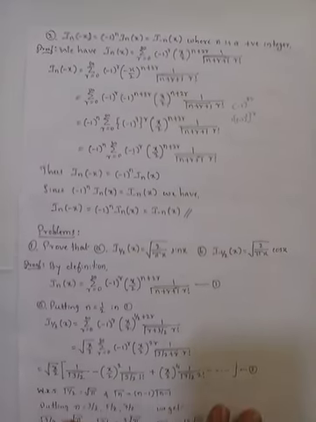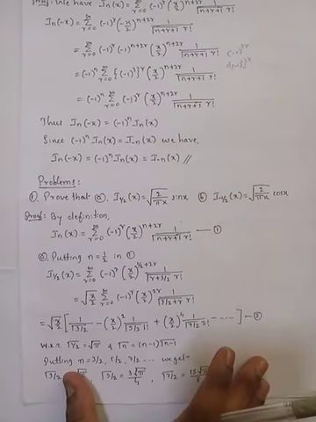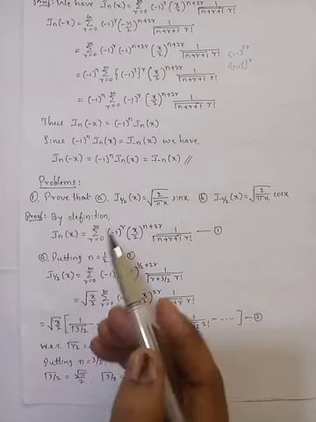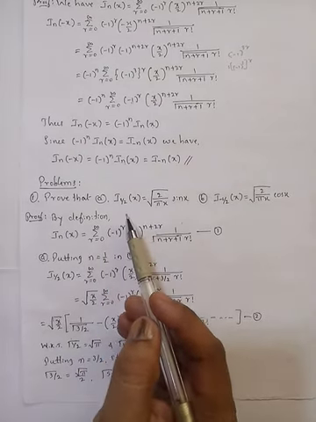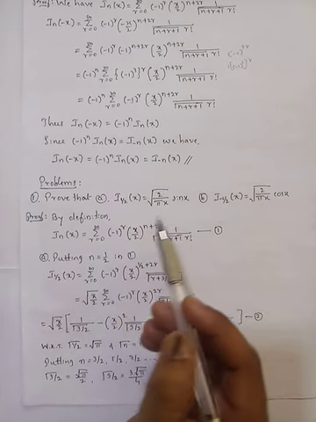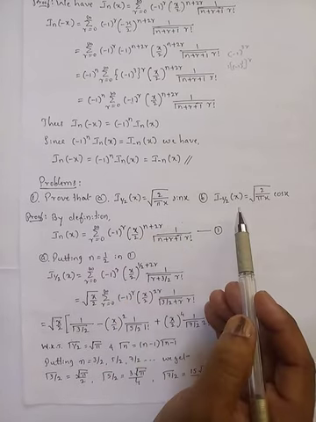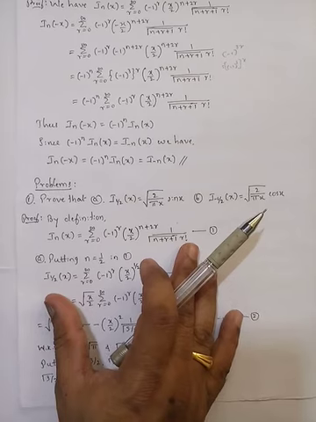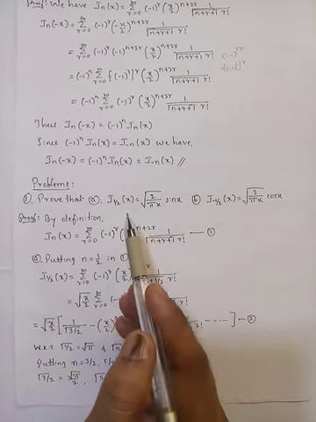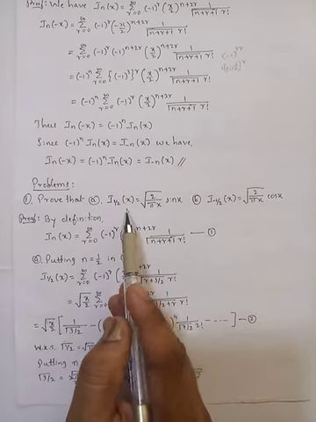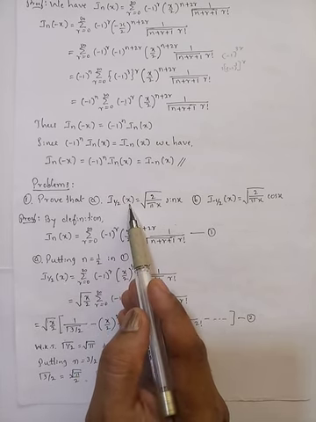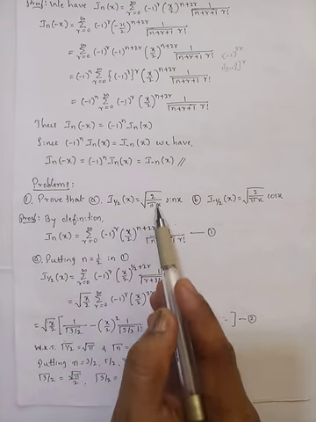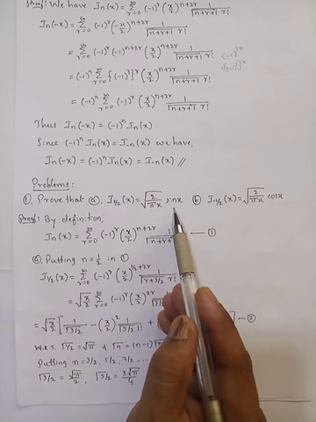And similarly, with the help of the Bessel function, we have some problems, some examples. With the help of the Bessel function, we are going to prove these results. Okay, then these are the important problems. Now, the first result is J_{1/2}(x) equal to square root of 2 divided by pi x into sin x.